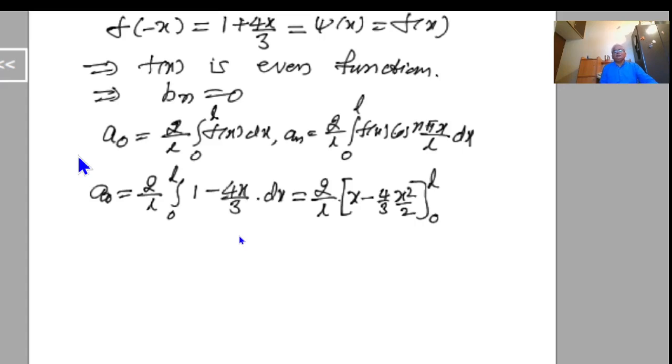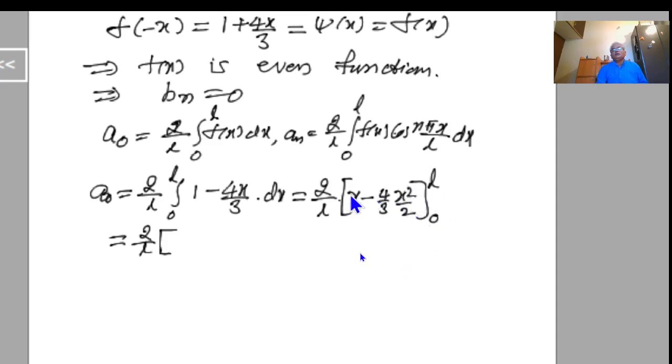Now this is equal to 2 by L. First substitute the limits. The lower limit becomes 0, because the first term consists of x, and the second term also consists of x.